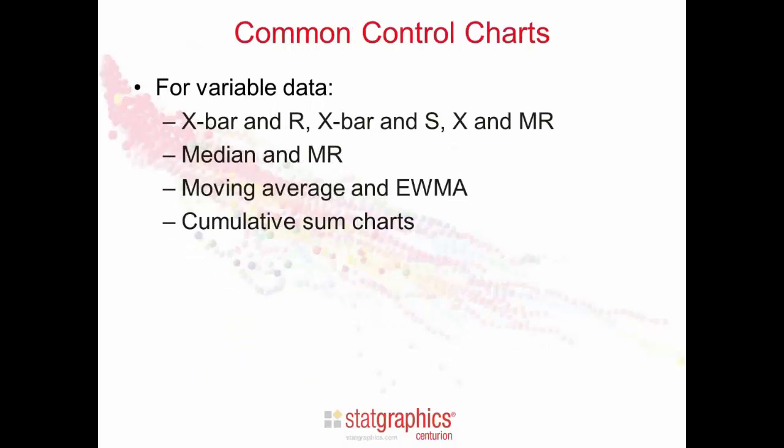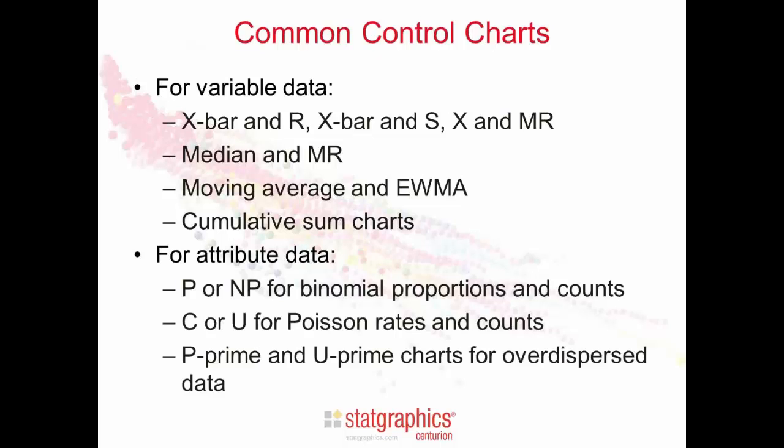There are a lot of common control charts that you can find in pretty much every statistical package that deals with quality data. For example, if you're looking at variable data or measurement data, common control charts are things like X bar and R charts, X bar and S charts, moving average charts, EWMA charts, Q sum charts, those sorts of things.